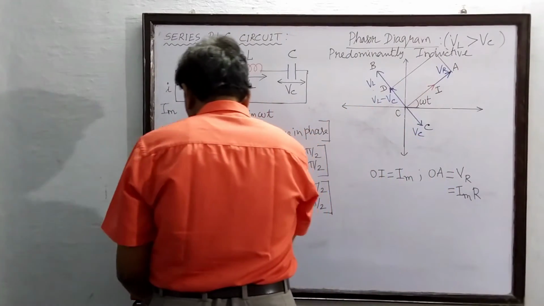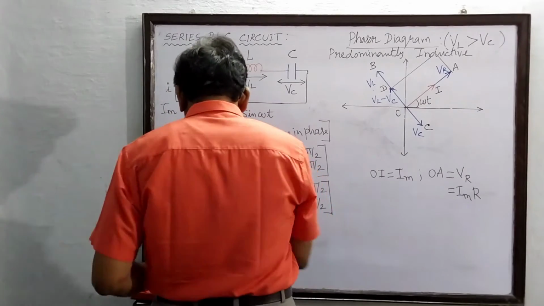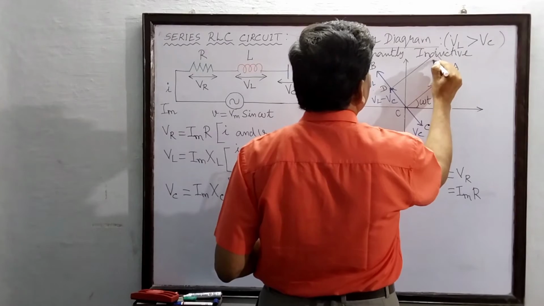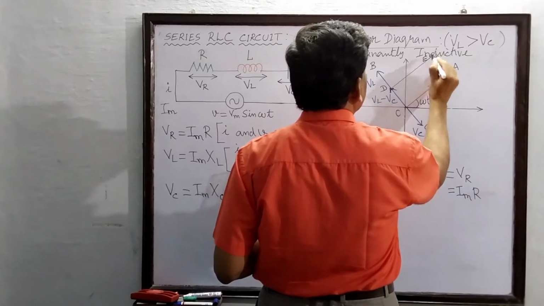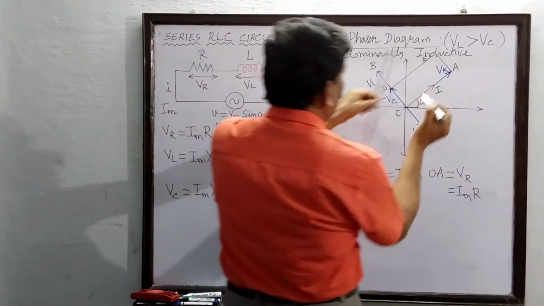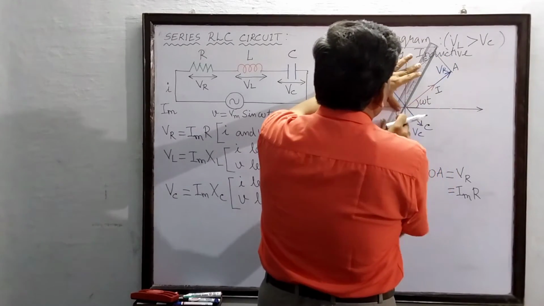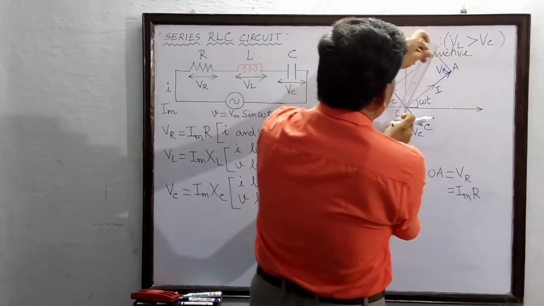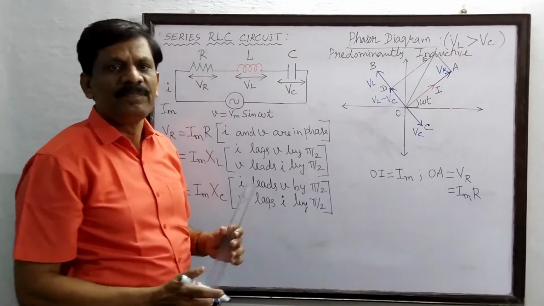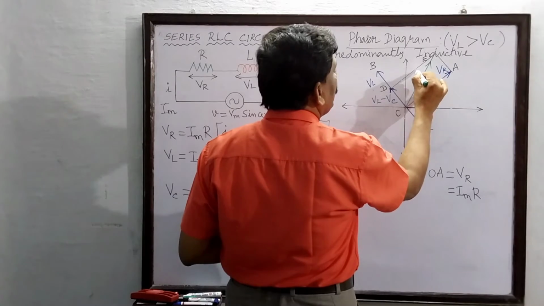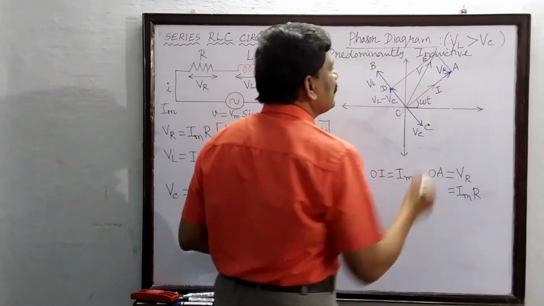I will take this point as E, so that I will join this. Can you see this green color line? So this will be the resultant voltage.